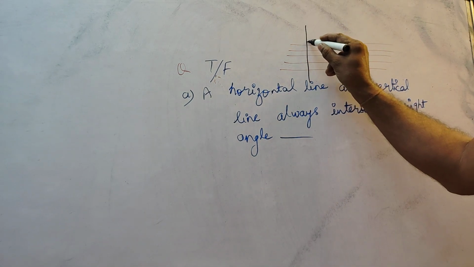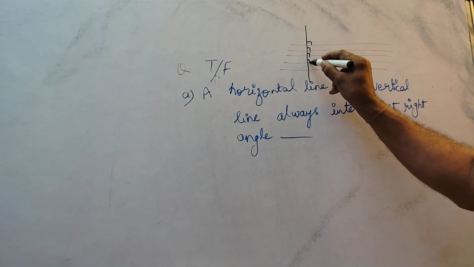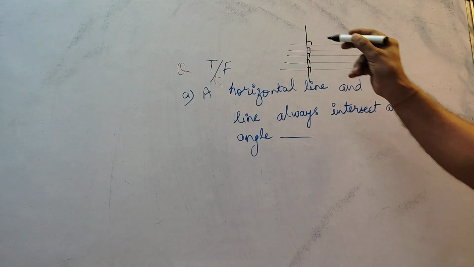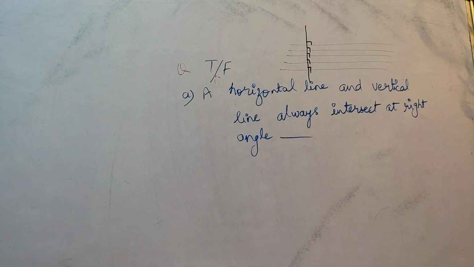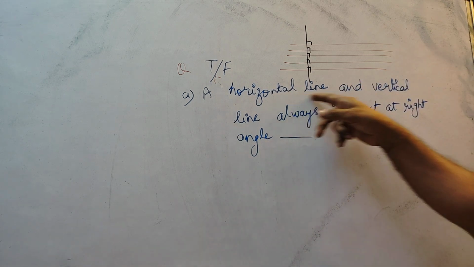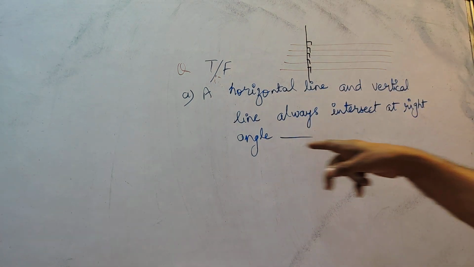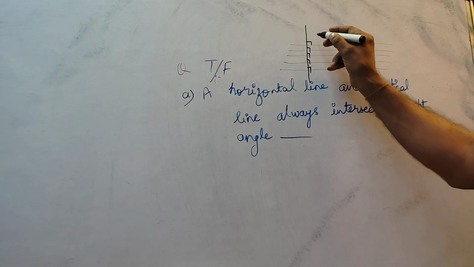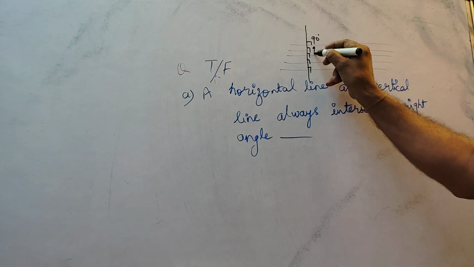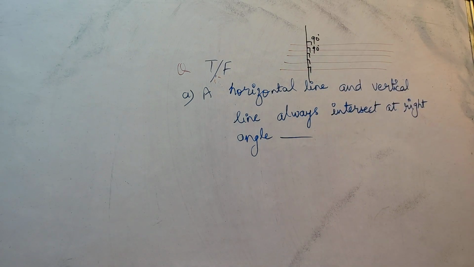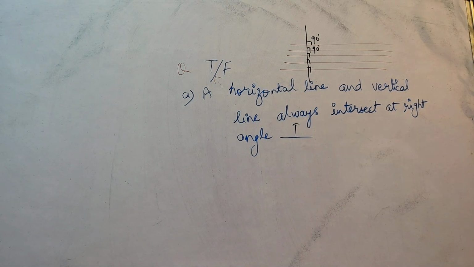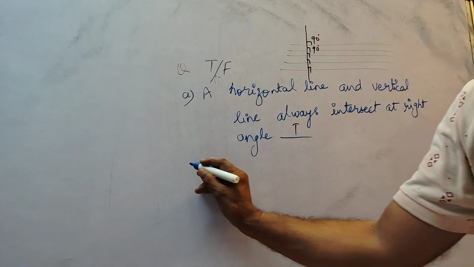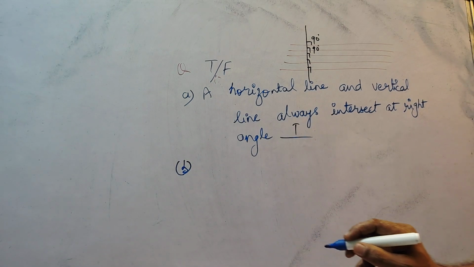This red line is the horizontal line and this black line is the vertical line. So horizontal and vertical lines always intersect at right angle. They always make a 90-degree angle, and 90-degree angle means right angle. So this one is a true statement. Correct? Okay.